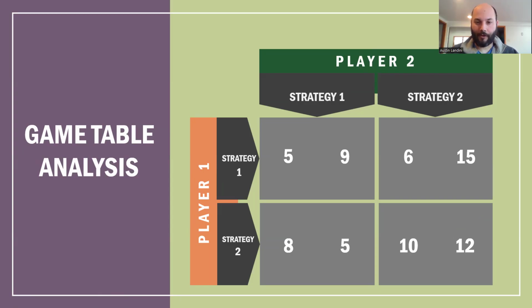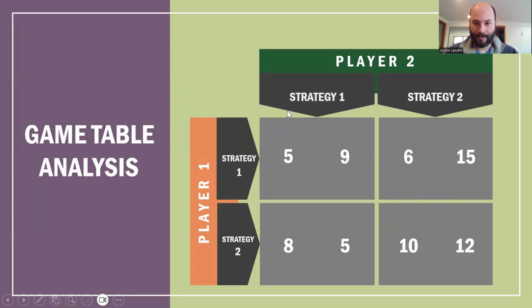We have to consider for each player in the game, what is their best response to the other player's possible strategy? So let's think about player 1 first. Suppose that player 1 knew that player 2 was going to pick strategy 1. And so we can ignore the right column for strategy 2.